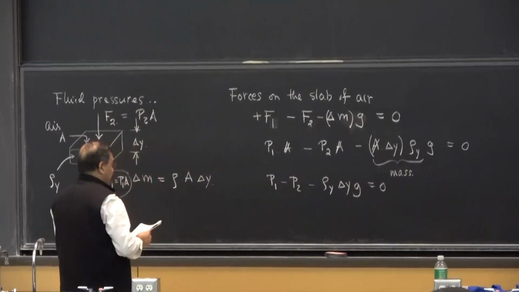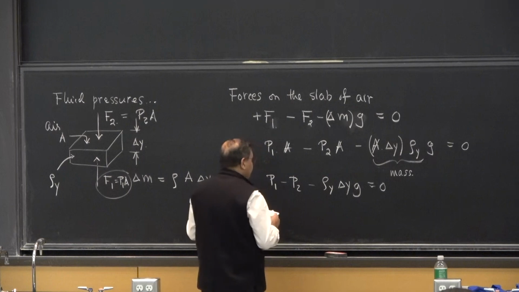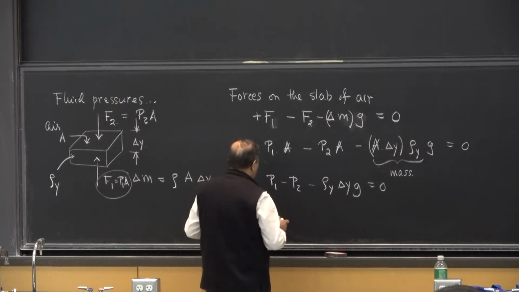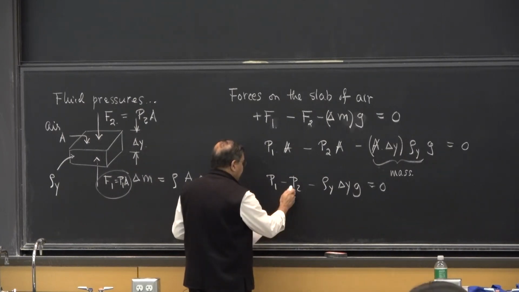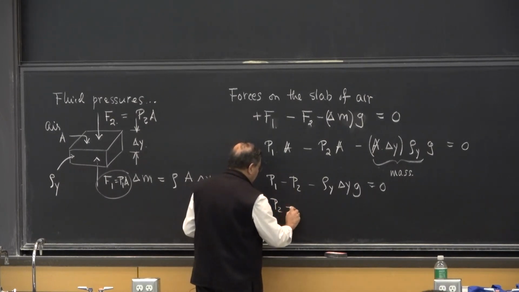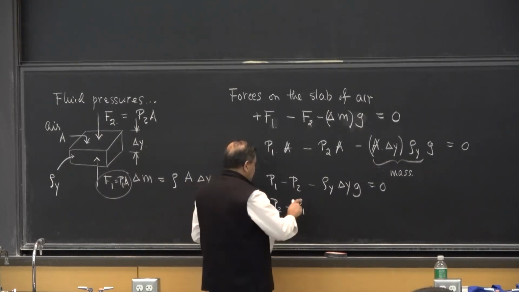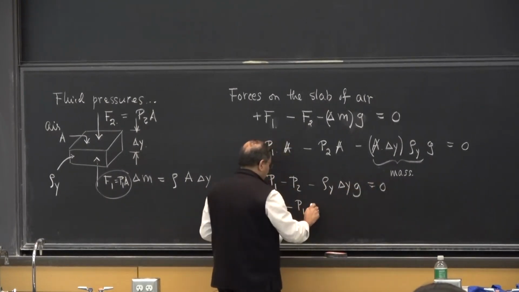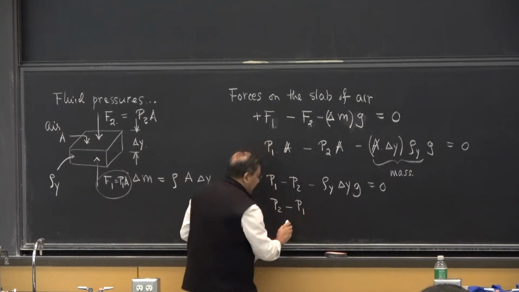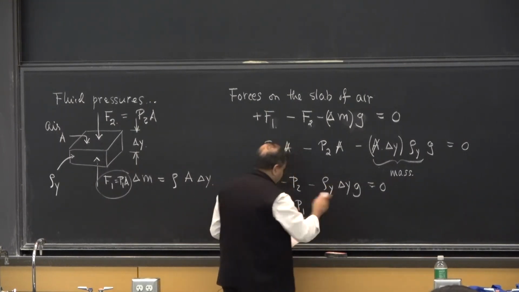Therefore I can write, since P2 should be larger, presumably, P2 minus P1, okay, so that's P2 minus P1 divided by delta Y. This is just a way of writing the same thing.